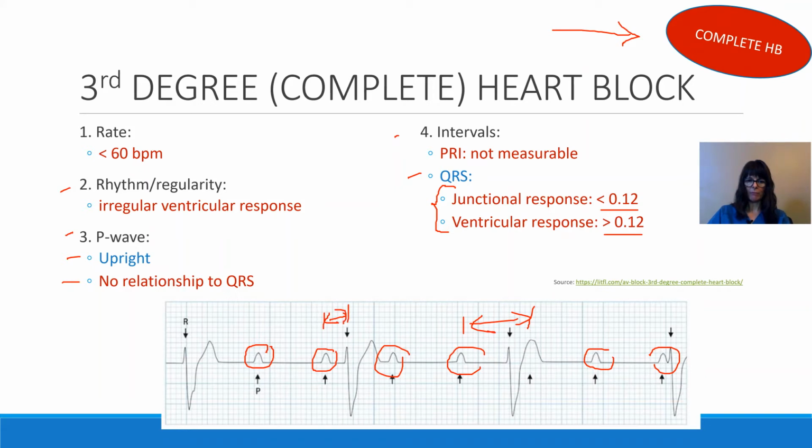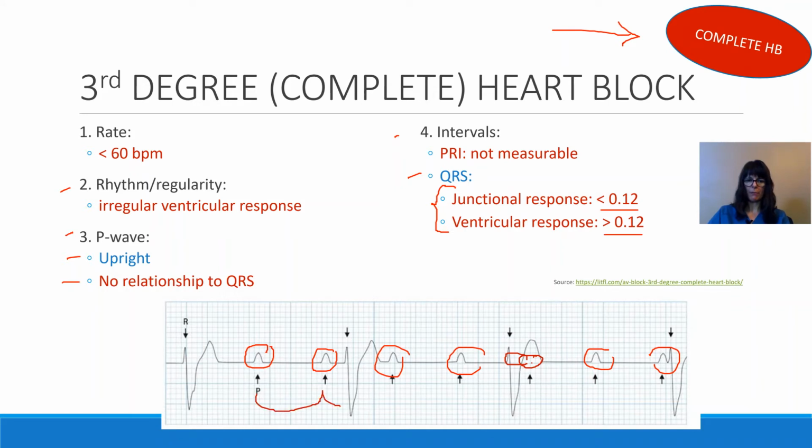There can be an argument made that there is also a P wave hidden right here in this QRS. Remember, the ventricular response is always going to be greater than the atrial response, so if there is an atrial response happening, it might be hidden in this QRS complex.